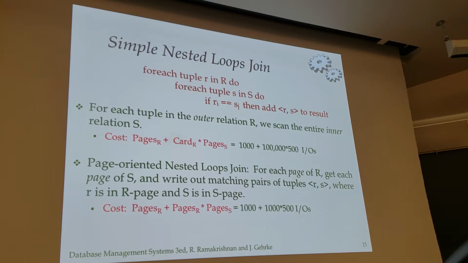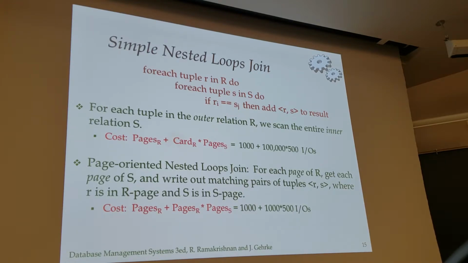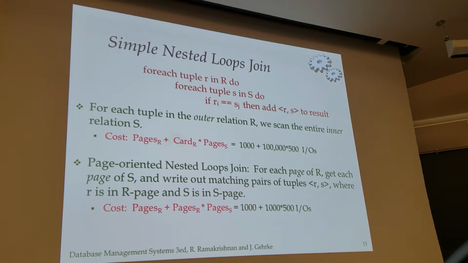So basically, how many times do you have to look at the pages in S? Pages of R times. Right? It's the loop, pages of R times pages of S. It's because for each page of R, you're looking at matches for all the tuples on that page with one page at a time, things on page of S. Everybody okay or not? Questions? Okay. That's better. That's 1,000 plus 1,000 times 100. That's a whole lot better.